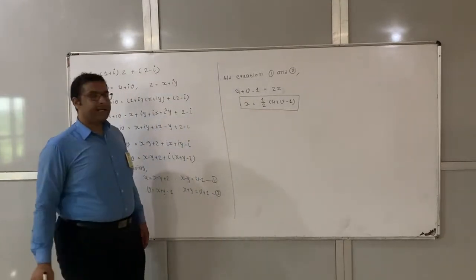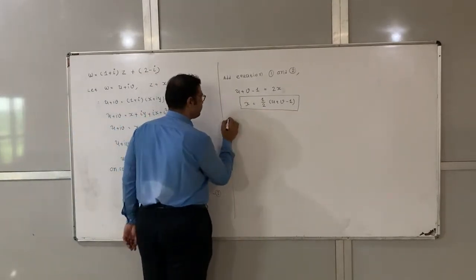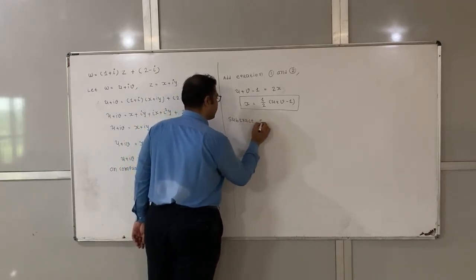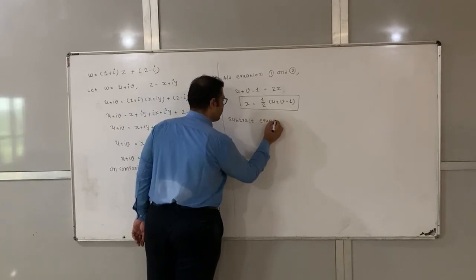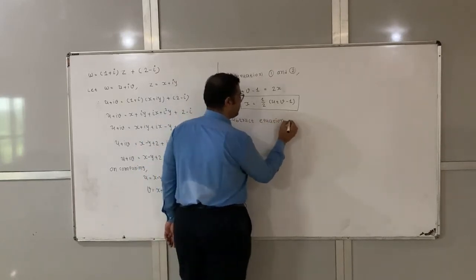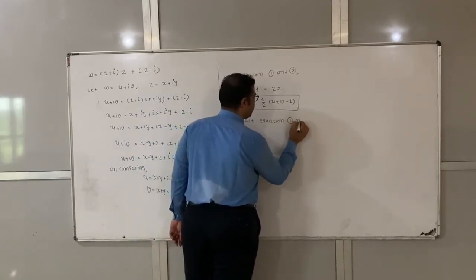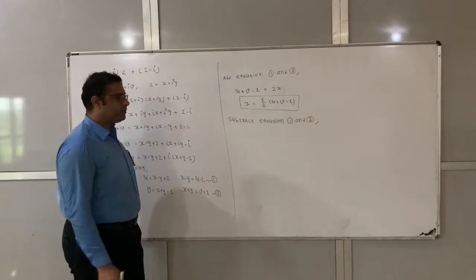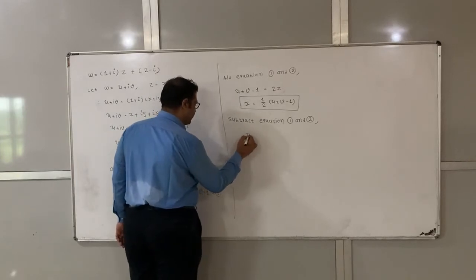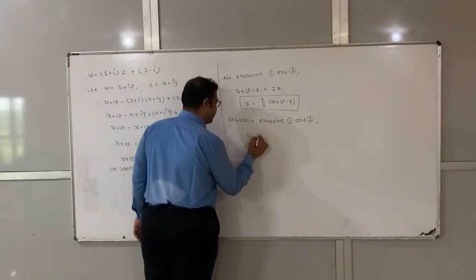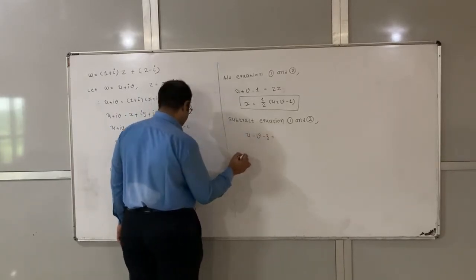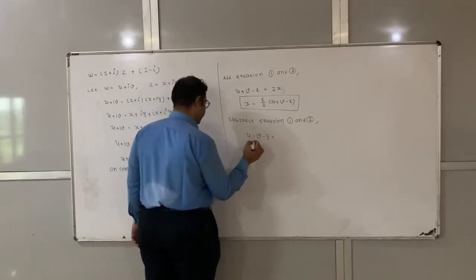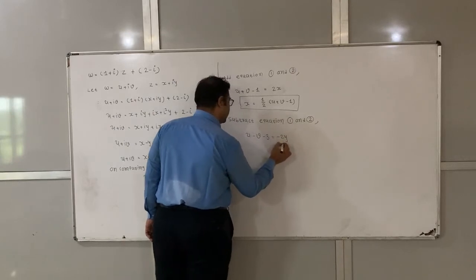Now to find the y, subtract equation 1 and 2. On subtracting equation 1 and 2, you will get u minus v minus 3 is equal to minus 2y.